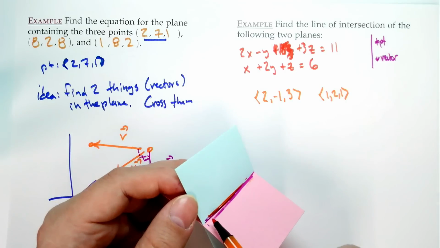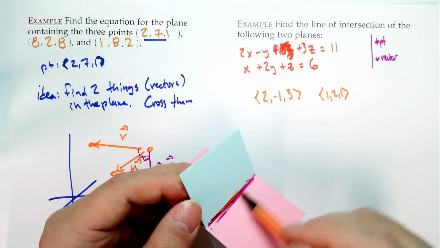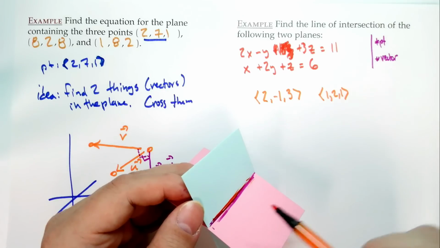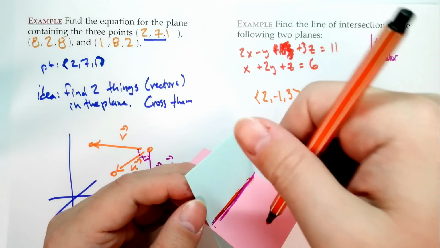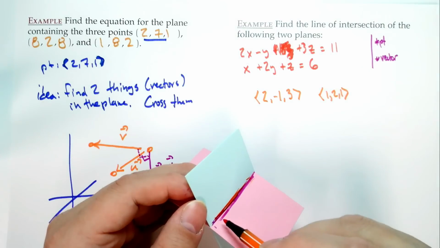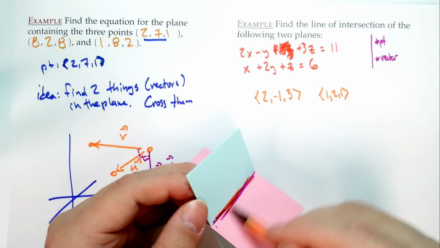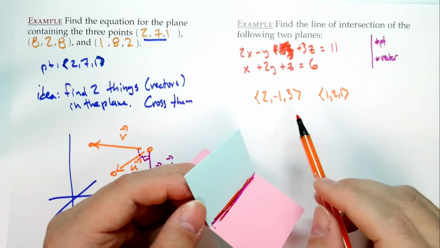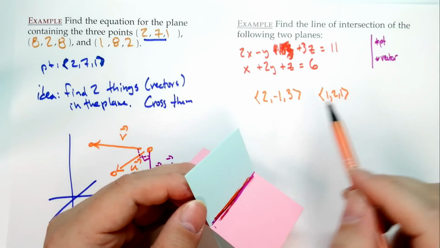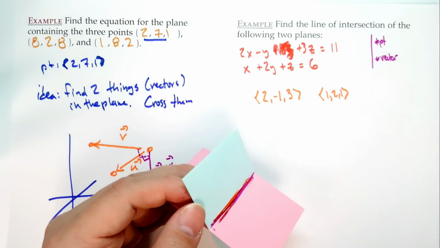So in particular, the normal vector is perpendicular to the direction of the line. And same thing with this other plane. The normal vector for this plane, which is different, again, because this line is in that plane as well, also perpendicular. Which means both of these vectors we want are perpendicular to the vector we're after.